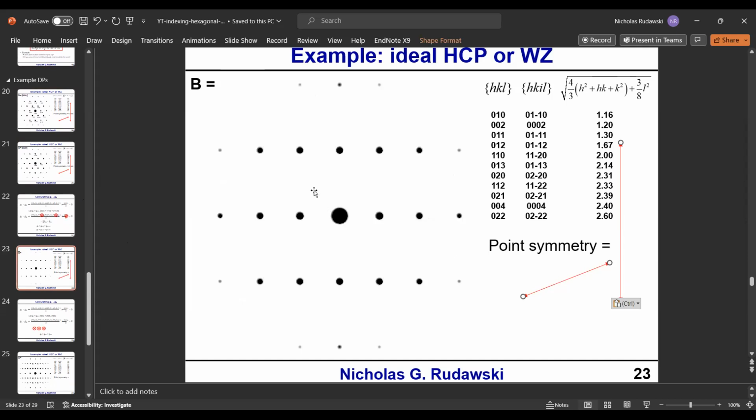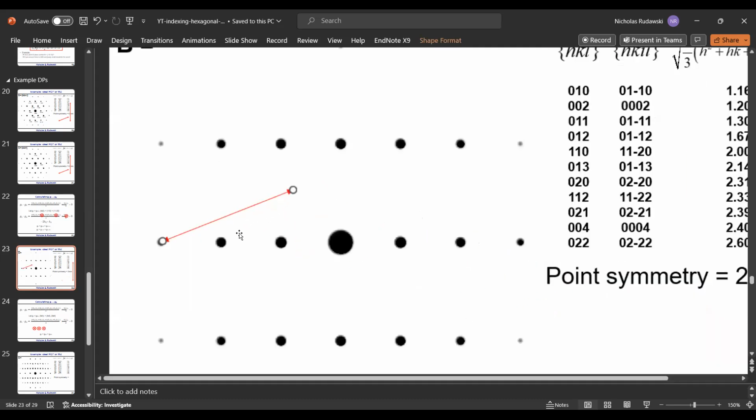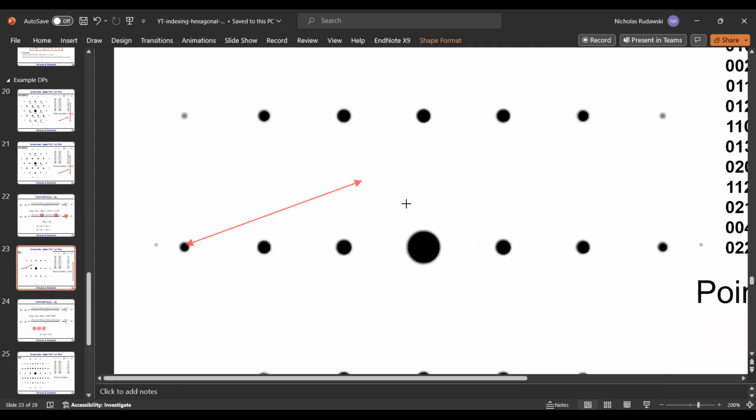Point symmetry: this is 2 mm point symmetry, very obviously, so we'll put 2 mm here. This is what the vast majority of the patterns in the DPs have, this kind of symmetry. So G1, G2, very obvious. Again, it looks like 6 gradations here for my G1.